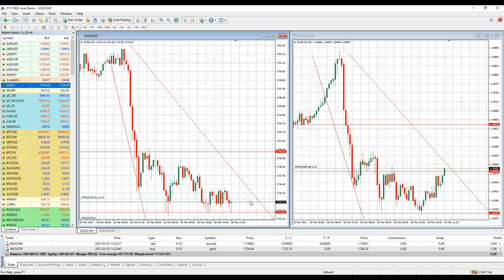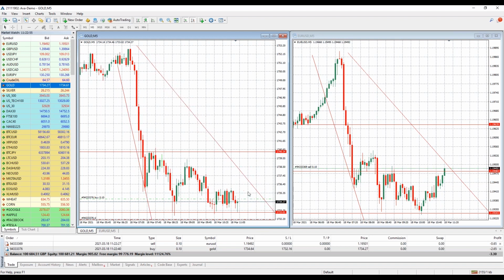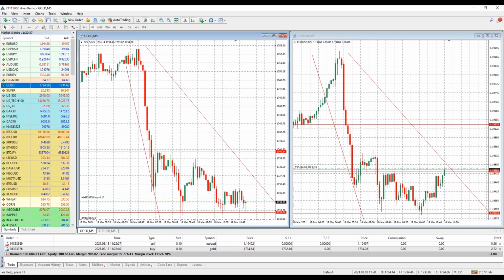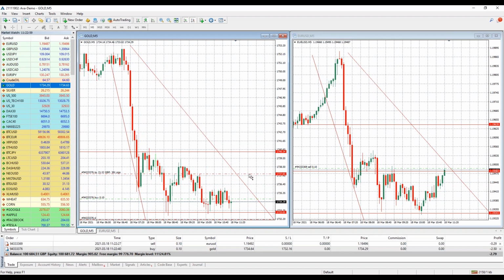Very limited risk. My potential profit would be larger if I go to the resistance level up here. Okay, so resistance level, and I could look at a little higher resistance level if I want. We see on the candles resistance here, and then it dropped. So this is a short-term scalping technique.